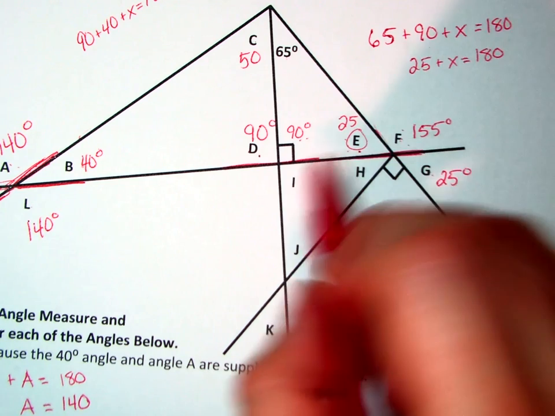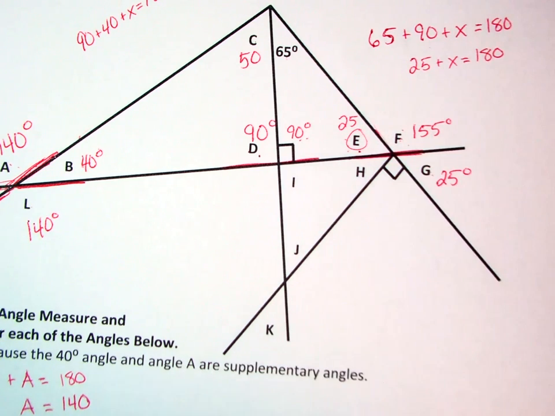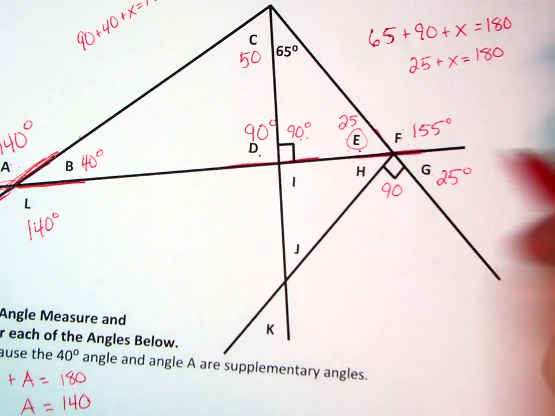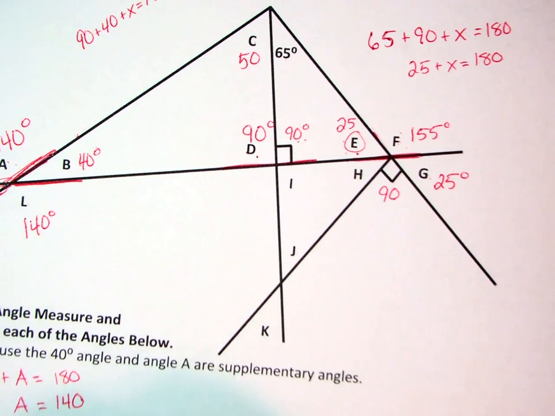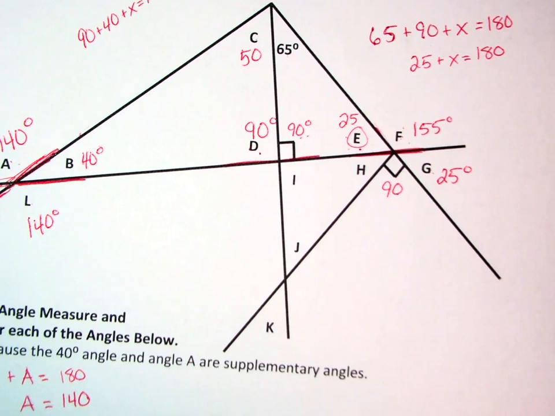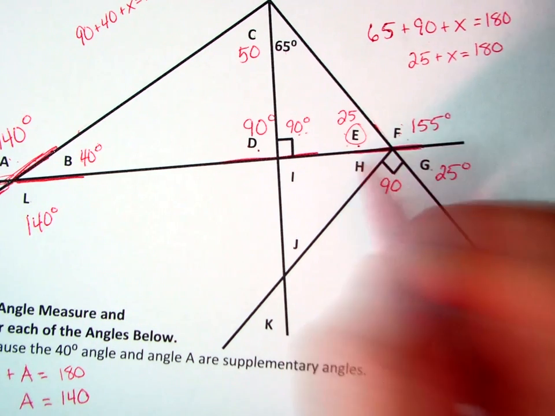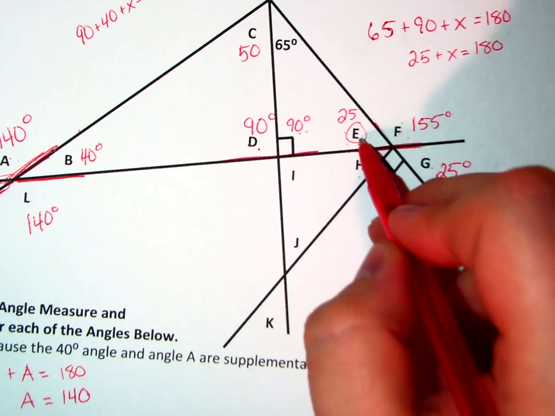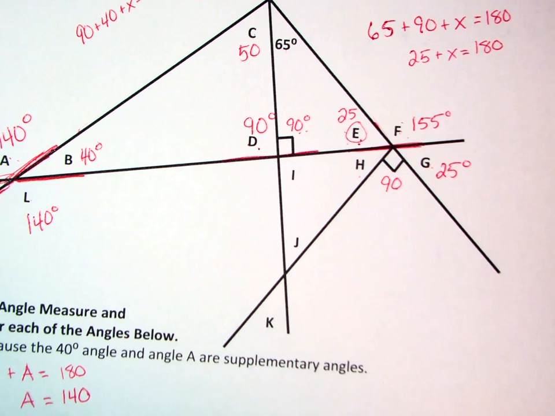Well, now that pulls us into this inner triangle. I have an angle here marked as 90 degrees. And I need to figure out what H is. Well, E and H together would add up to 90 degrees.